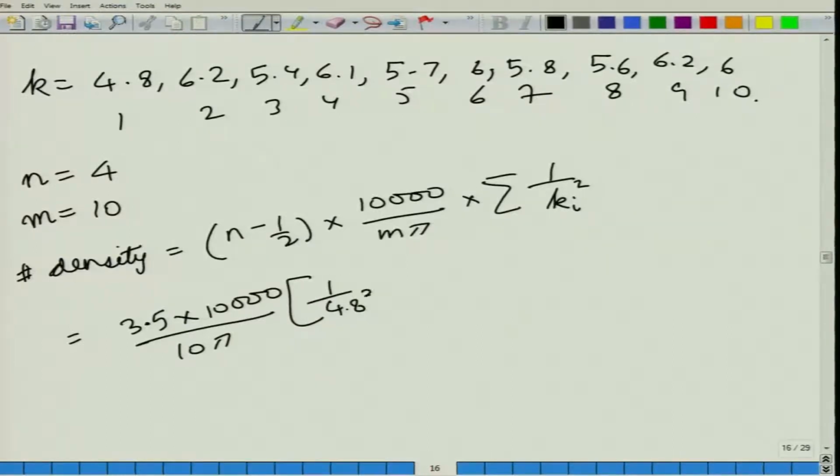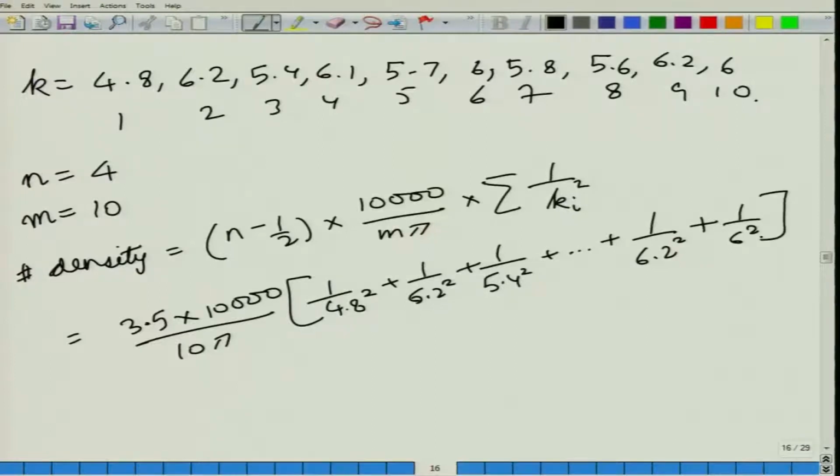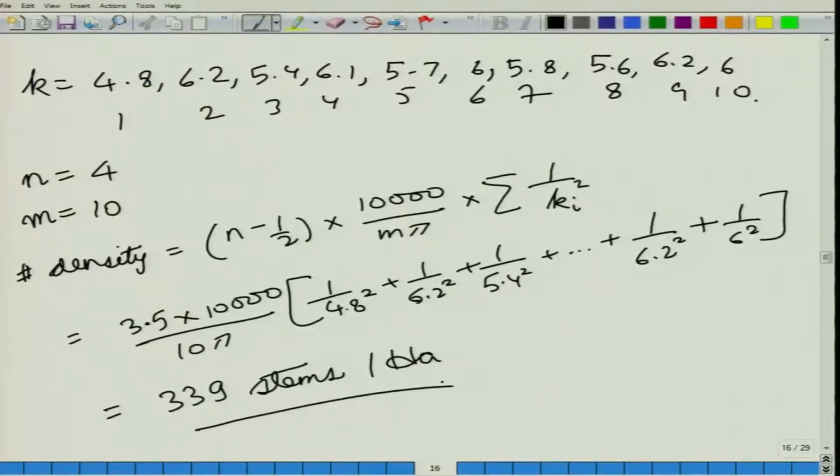That is 1 over 4.8 square plus 1 over 6.2 square plus 1 over 5.4 square, and so on till we reach the last value 1 over 6.1 square. When we do this calculation, we get a value of 339 stems per hectare. So, we can calculate the number density for the nearest two trees or for the nth nearest neighbors.